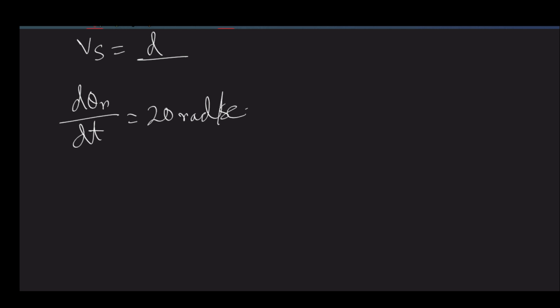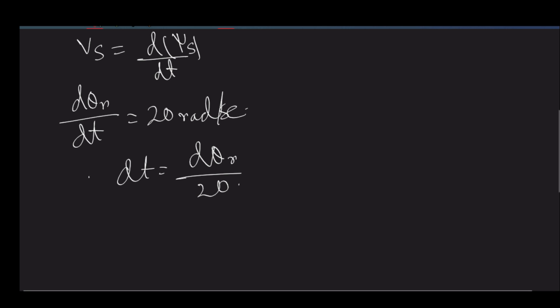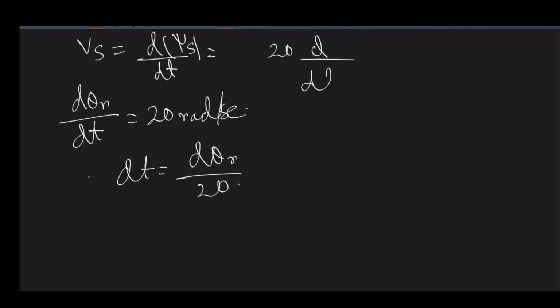So we can replace this dt by d theta r by 20. So here it was d/dt psi s. Now you can write it like 20 times d theta r of whatever you are having here, 12 plus 4 cos 2 theta r plus 8 cos theta r. So that will give you the voltage equation.